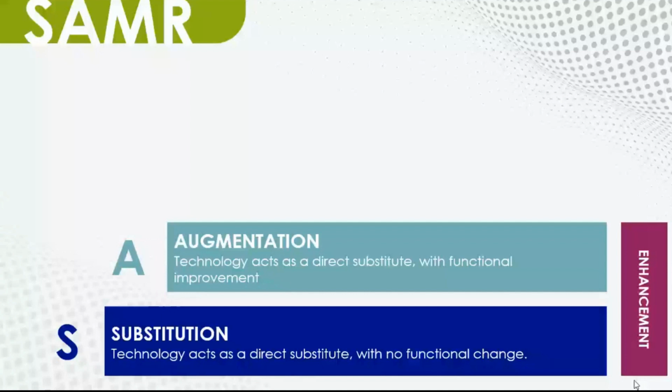Now we're going 2 levels up, and this is what we call learner centered modification. When we go to modification, we talk about things we could not do if we were not using technology. So, let's say you have your board, your textbook, and you open it, and in textbooks there are links, and no matter how many times you tap on that link, you are never going to get anything out of that unless you go to your computer, you type in that long link, and then you will be able to access it.